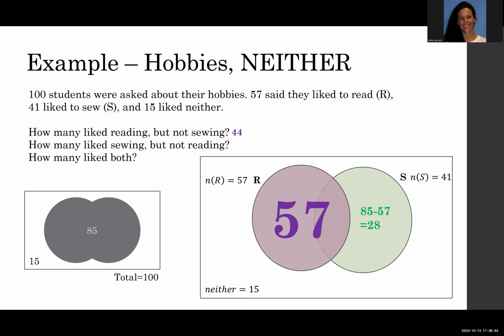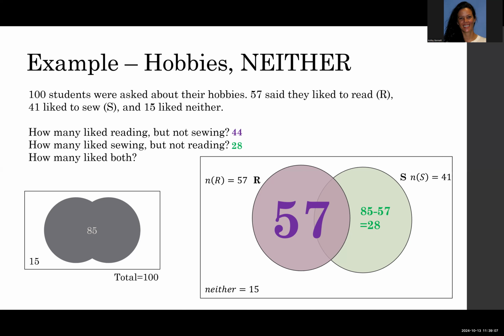So the way I could figure that out is through subtraction. 85, subtract off that 57 piece that we already know about, and the leftover is going to be 28. And this is the cardinality of the region that is S only, sewing only. In other words, it's people who liked sewing but not reading, and there's 28 of them.